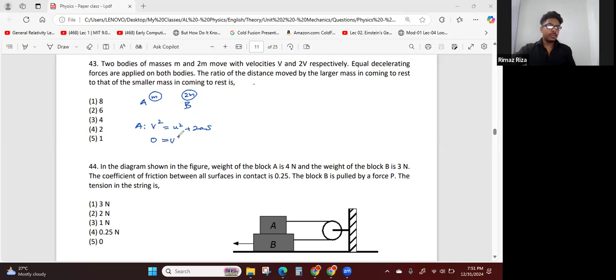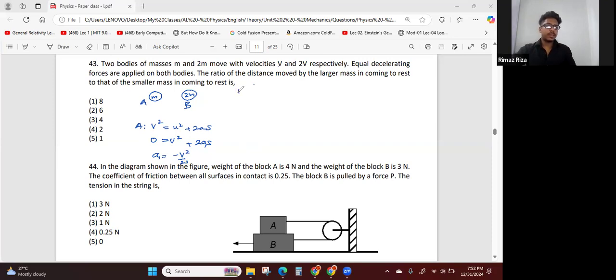So 0 equals v squared plus 2 times a times s, therefore a equals minus v squared over 2s. This is minus because it's a deceleration. I'll take this as a1 because it's for A. So a1 equals minus v squared over 2s.